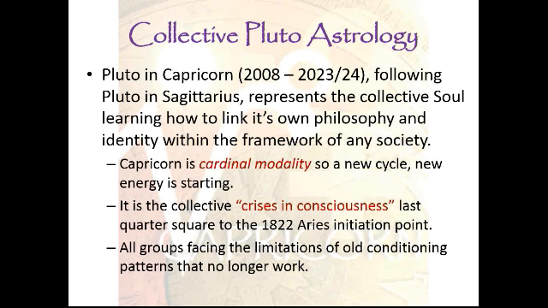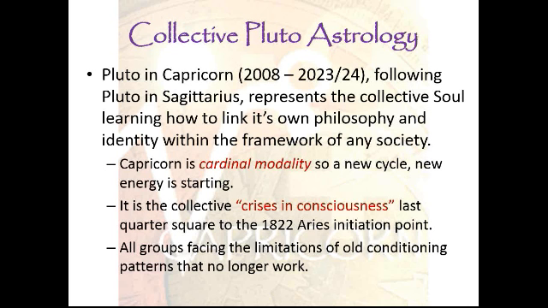Is it possible that in this modality cycle, Capricorn, Aquarius, Pisces, we could wear out war? It's my hope. I don't know if we will do it, but how many times do we need to blow the world up? Multiple times.